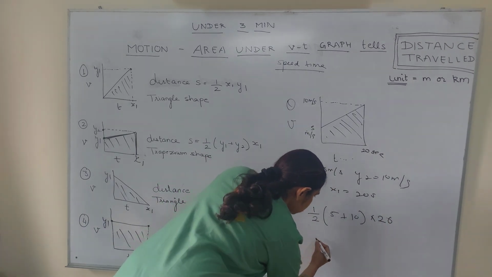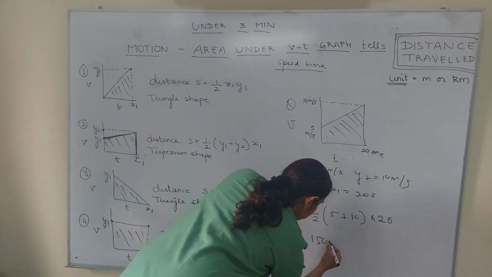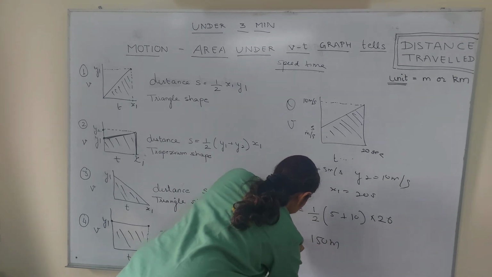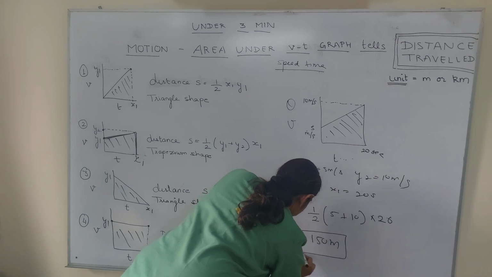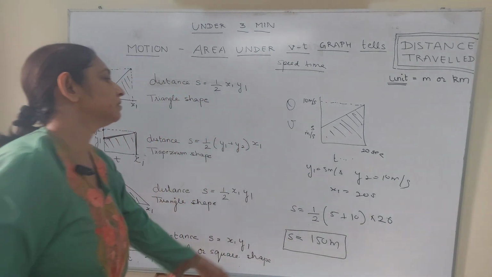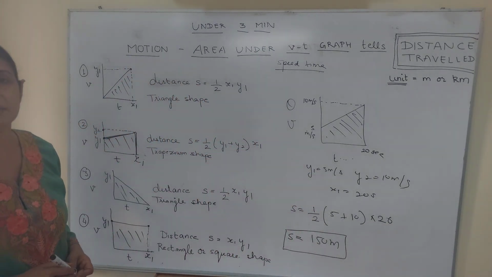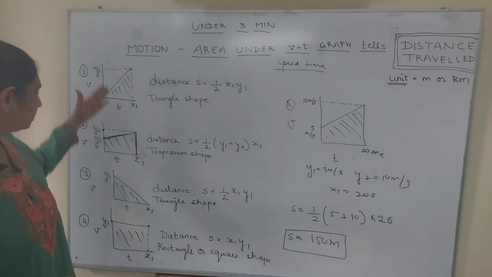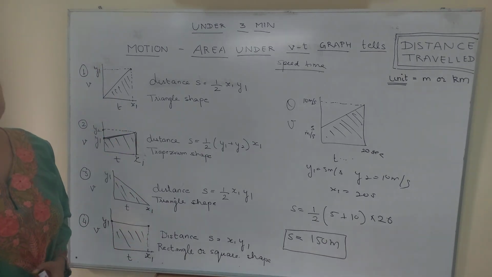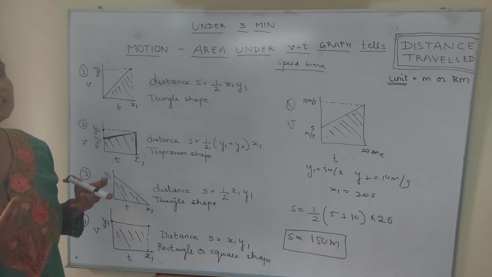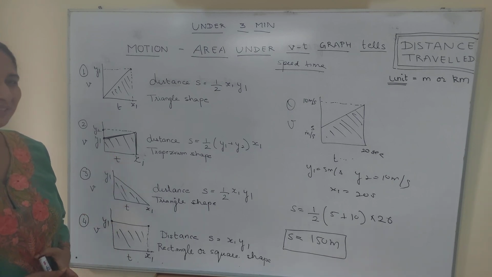And here we get 150 meters as the distance traveled by the object in the given time. Like this, you can calculate distance traveled from any VT graph, area under the graph. All the best.